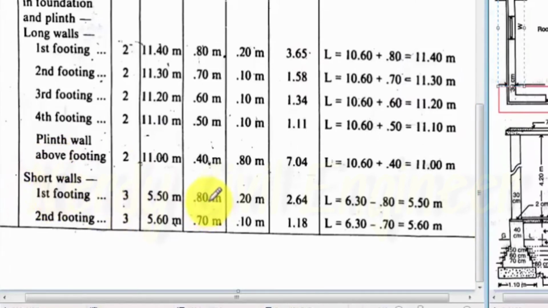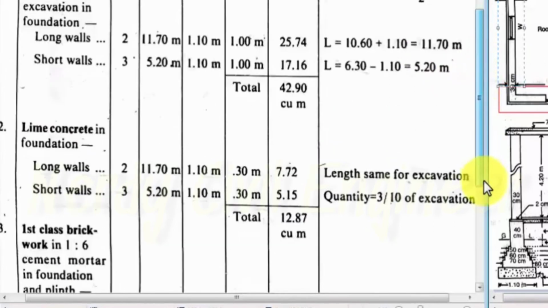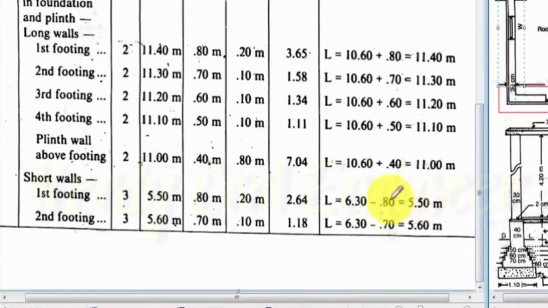And in case of short walls, as you can see, while calculating the length, they are using the initial length which was found out considering center to center for short walls, that was 6.30. Okay, 6.30, and deducting the breadth of the footings, following from first footing to the fourth footing and the plinth level. So clear?